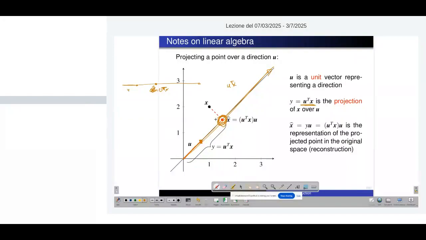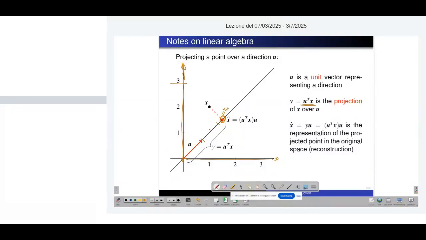Now the second thing that I will need is to express the same point in the original space, because we will need this to compute our error. What are the coordinates of this projected point expressed not as a coordinate over the axis u, but in the original space? Remember that u is a unit vector and u transpose x is the coordinate of this point on this axis.